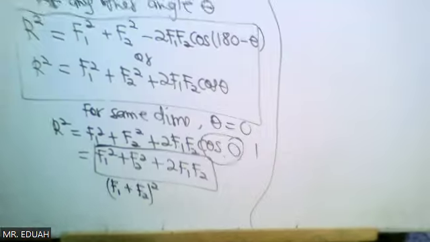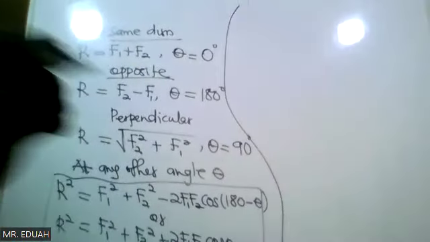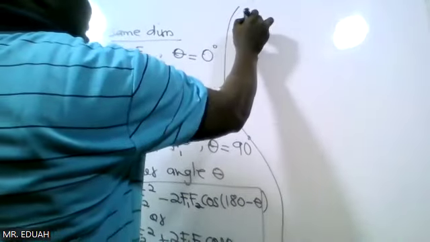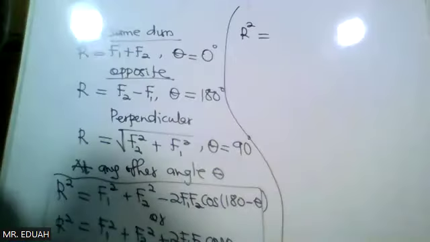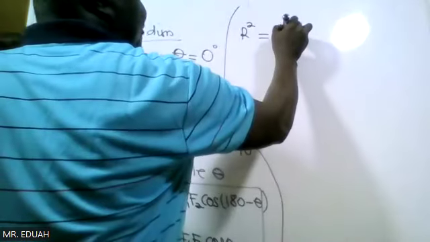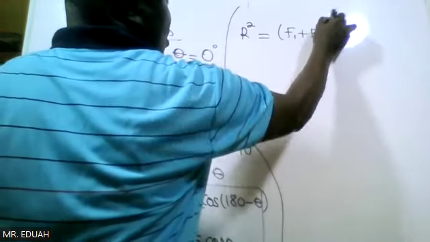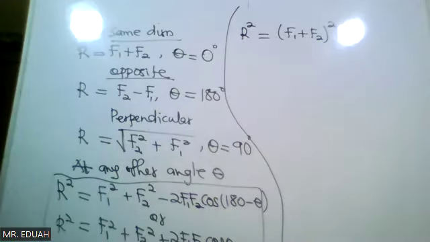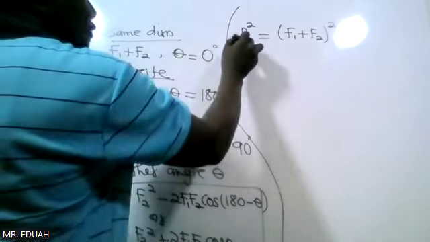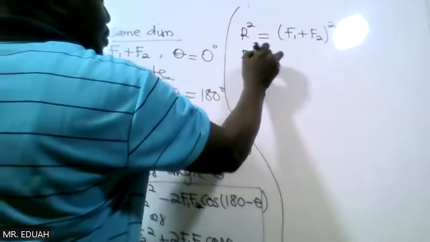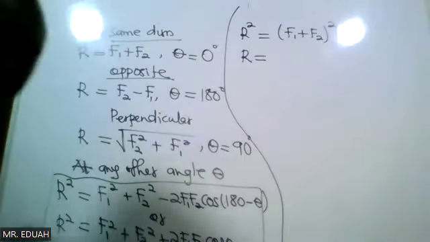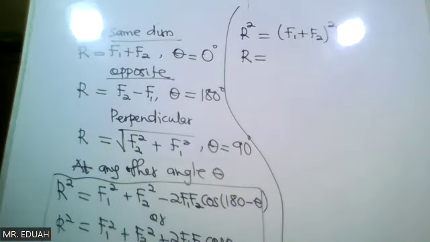So I can say that R squared is equal to F1 plus F2 all squared. If you want to find R, what do you do? Square root both sides.